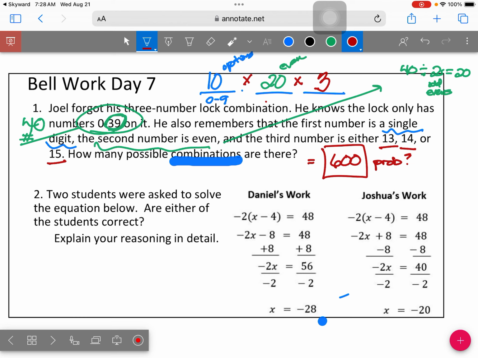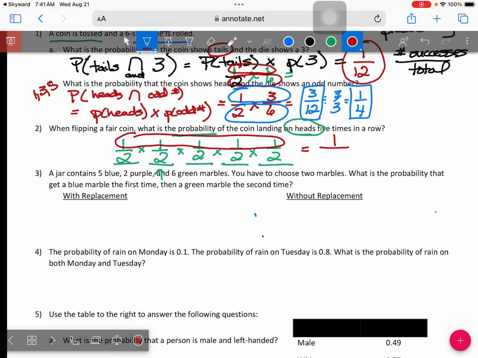So when you are multiplying a bunch of fractions together, again, multiply all the top numbers, the numerators. 1 times 1 times 1 times 1 is 1. And 2 times 2 times 2 times 2 times 2, 4, 8, 16, 32. Yes? Yes.